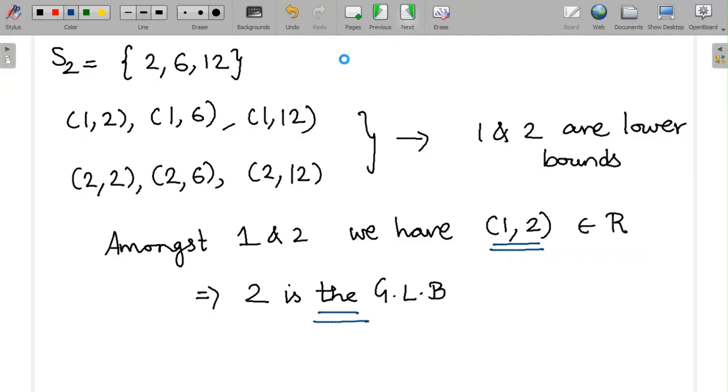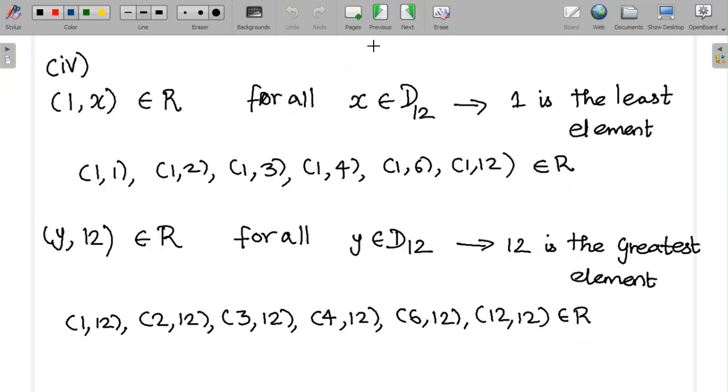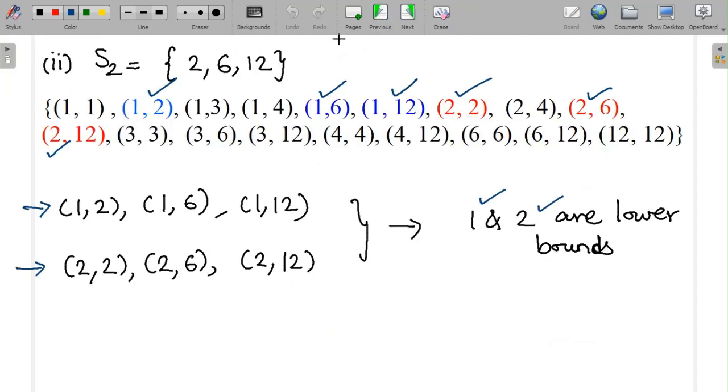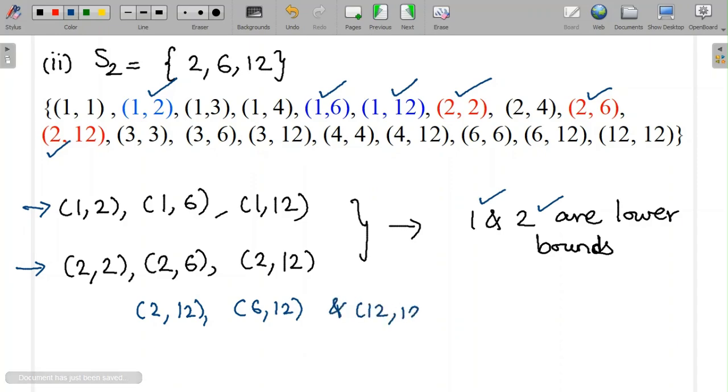Now let's discuss the upper bound for this. The upper bound is quite obvious because when you consider on the right of these elements, we see that there's only one number: 2-12, 6-12, and 12-12 are part of the relation.